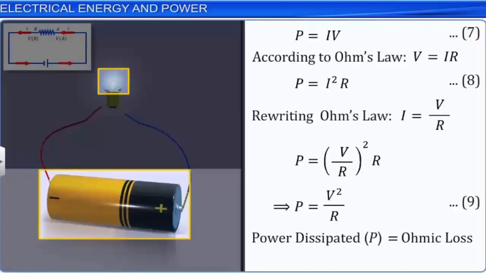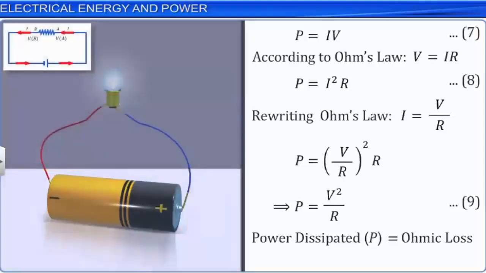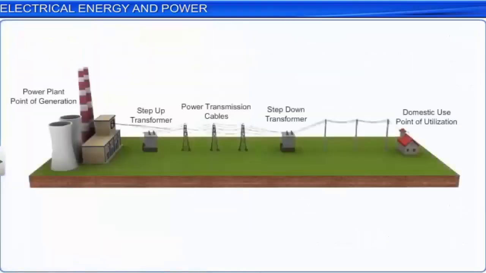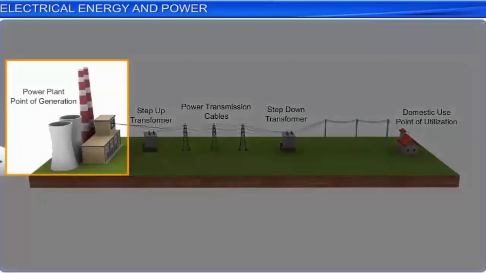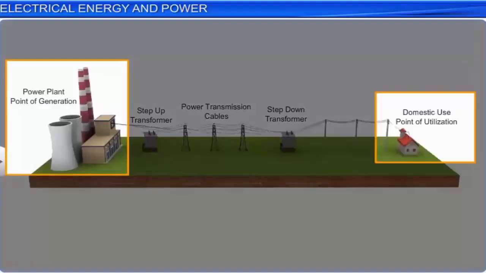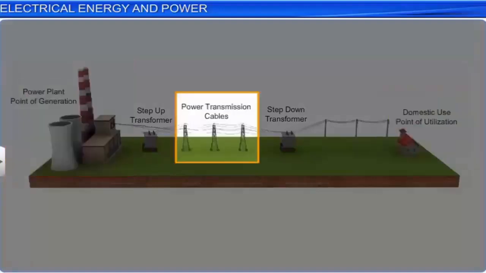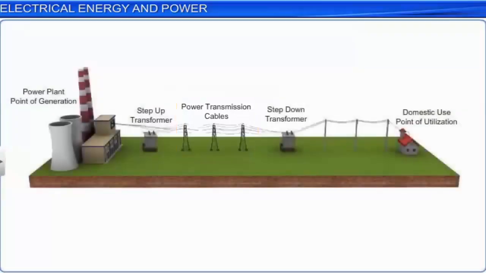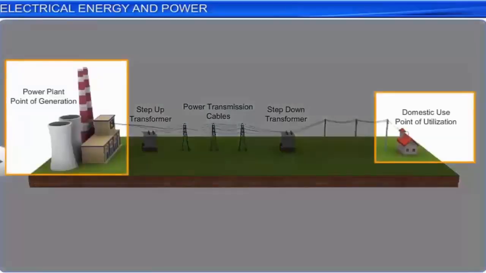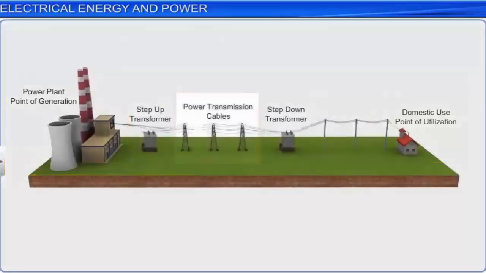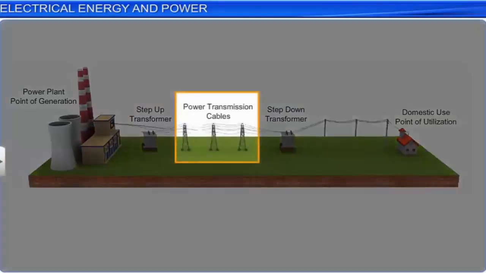Similarly, there is power loss when a current I is transmitted from the point of generation to the point of utilization through transmission cables. The distance between these 2 points is often very large. The transmission cables have a certain resistance due to which there is a huge power loss.